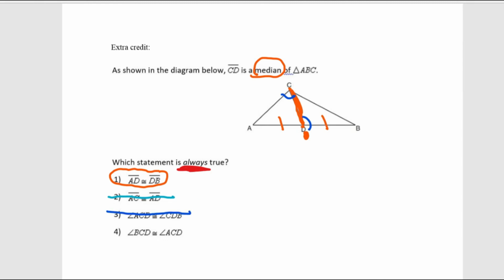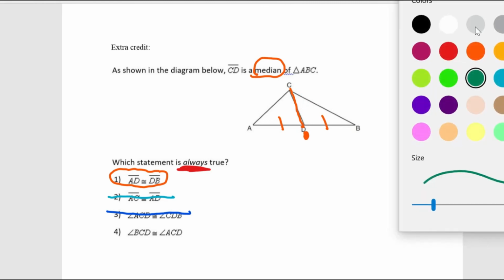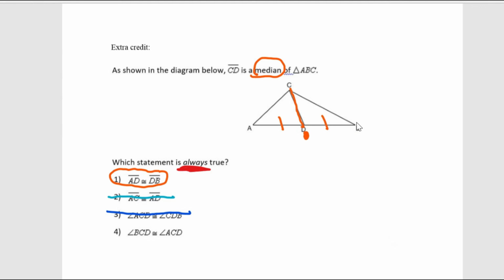Now let's talk about, we use green. Let me erase this. BCD, so this angle here. I'll try again. BCD, this angle right here, is equal to ACD.